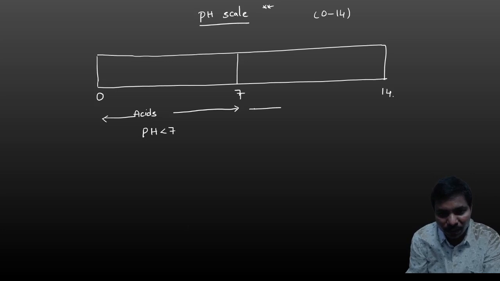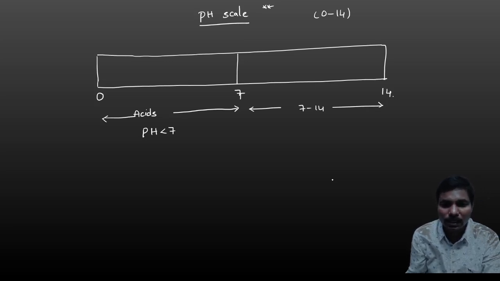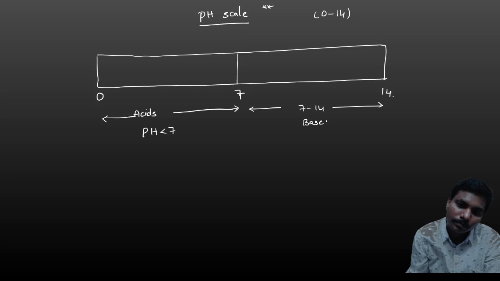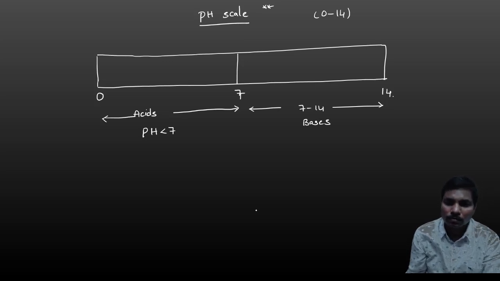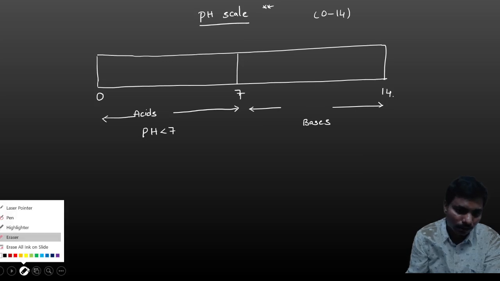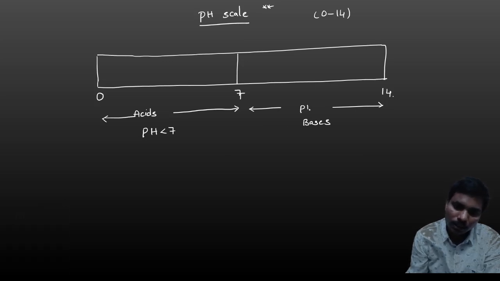If the pH is between 7 to 14, or more than 7, we can say those are bases. If the pH is exactly 7, we can say those are neutrals.